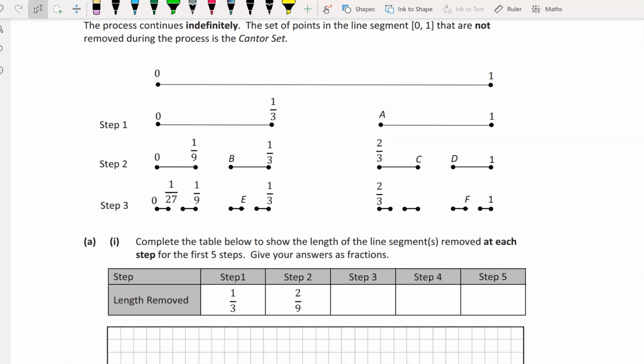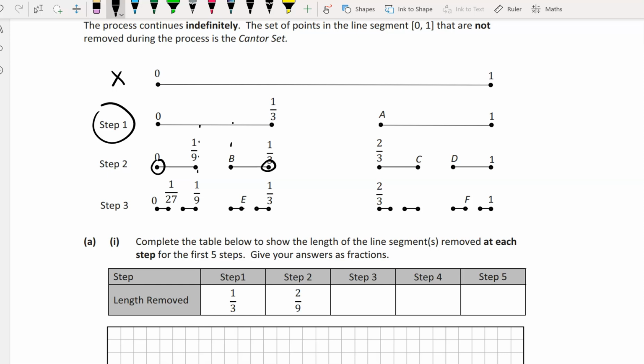So they want us to complete the table to show the length of the line segments removed. So obviously for step 1, and this is step 1, they remove the middle third, so they've removed 1/3, okay? Now what you've got here in the middle is 0 to 1/3, and they're removing the center of that.